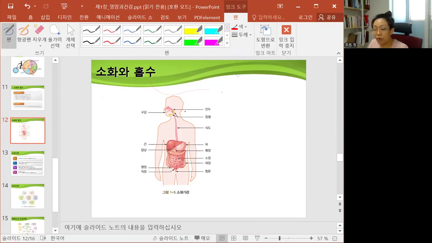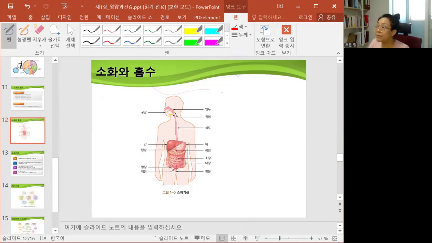Saliva is mostly water, but it also contains mucus that moistens the food and helps form a bolus.